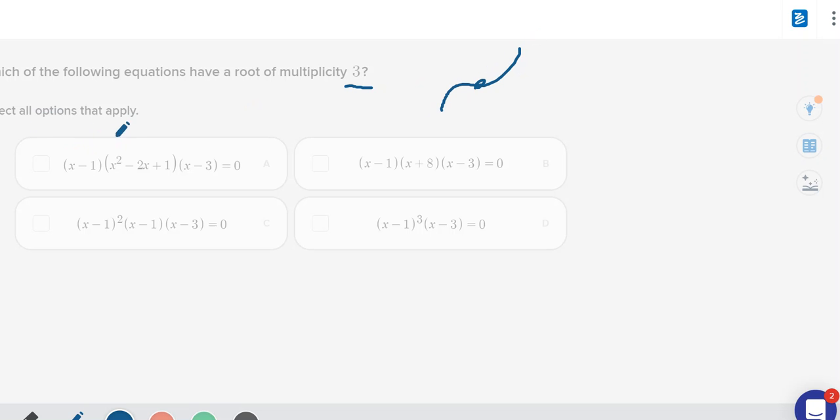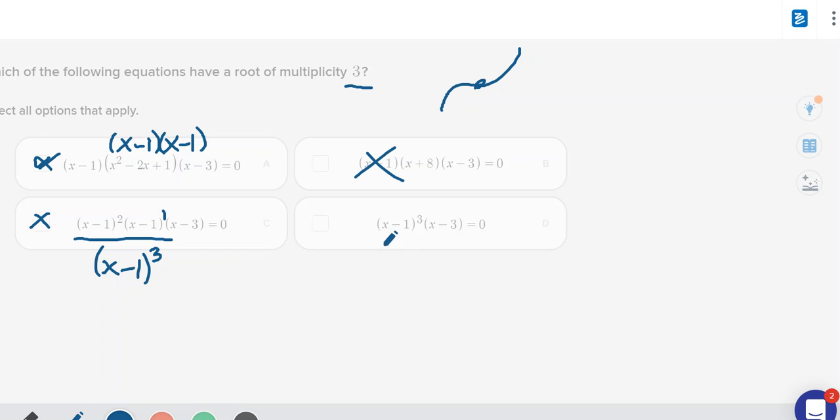Now I look at this and it's kind of sneaky. Look at that quadratic. You've got to do the factoring, okay? And so this one, look at this. That's actually, you can put those things together. There's 3 of them. This one, no, there's only 1 of them.